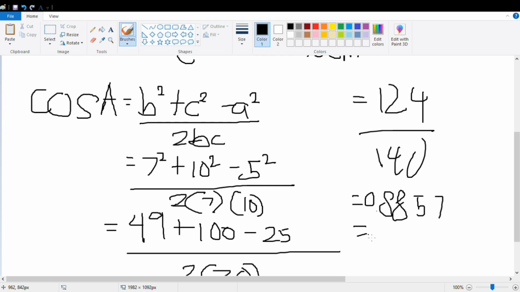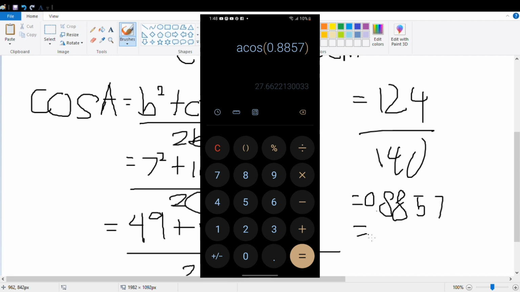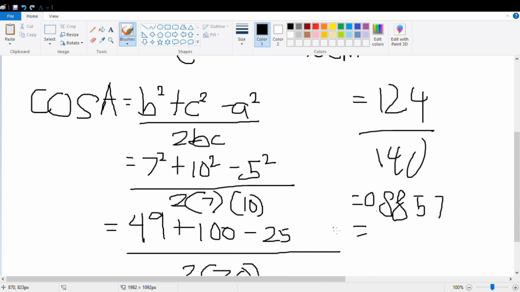All you have to do is input this into your calculator. Once we do this, as you can see, our answer becomes a whole number. And this is now our final answer for angle A.